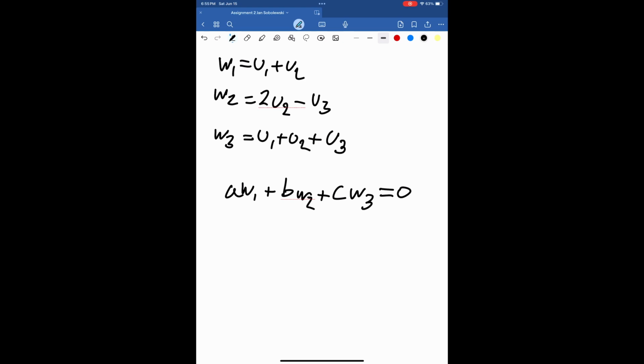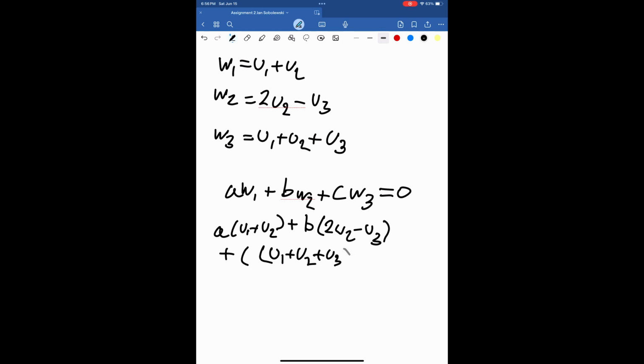Now we want to substitute in our values for u1 and all the rest of the equations. Sorry if it gets a bit messy, my handwriting isn't the greatest. And then we got plus c here. It looks very similar, but the idea should be this.